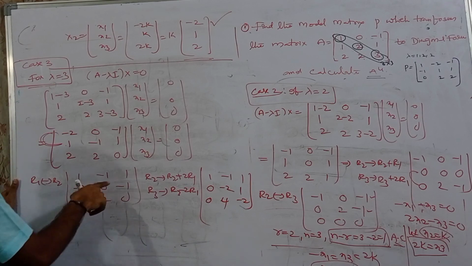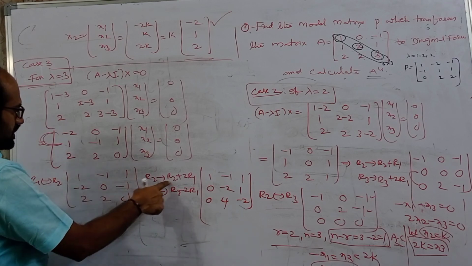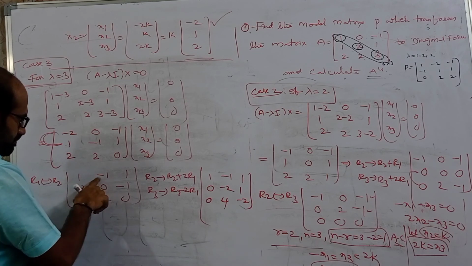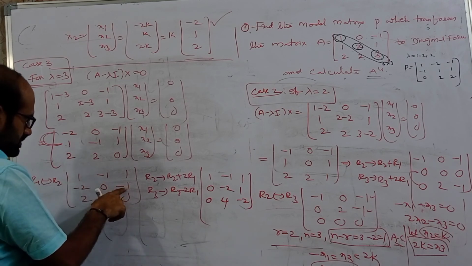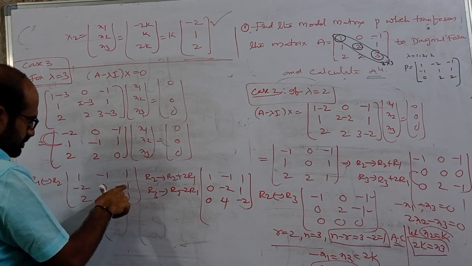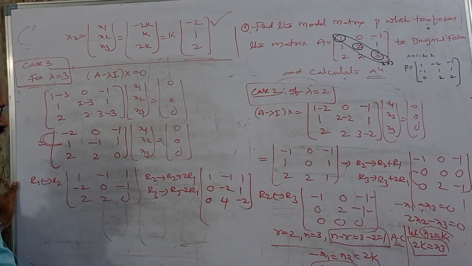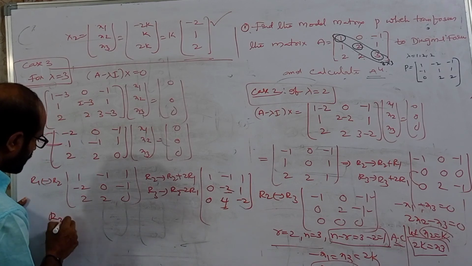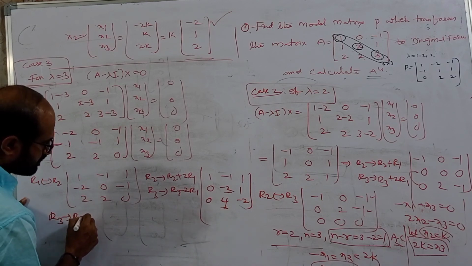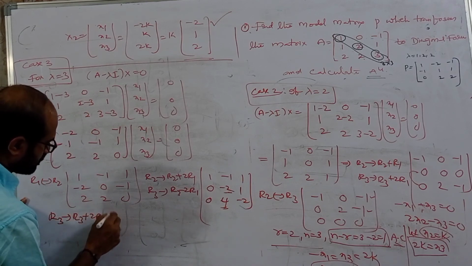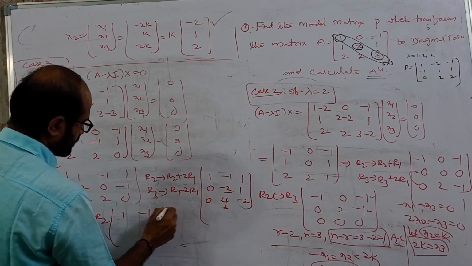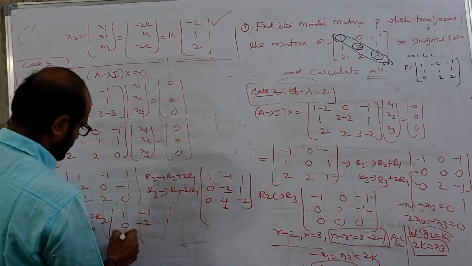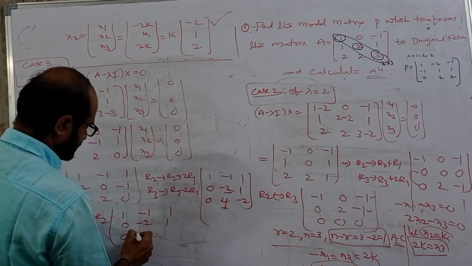Check once again: 1, minus 1, 1. R2 plus 2R1: R2 plus 2 is 0, then minus 2, right? R2 plus 2 means 2 minus 1, 1, correct, right? Now use this R2 and make this 0. How? R3 is R3 plus 2R2: 1, minus 1, 1, 0, minus 2, 1, R3 plus 2R2 gives 0.